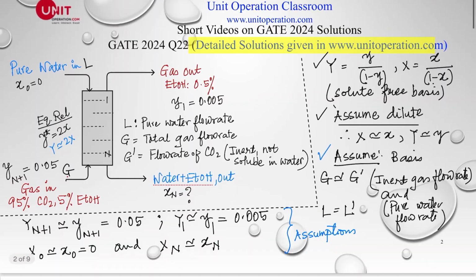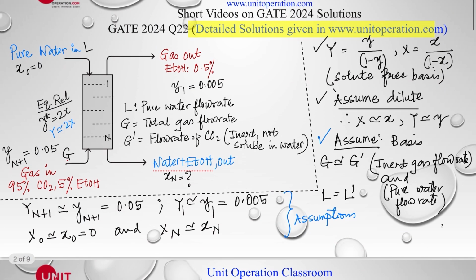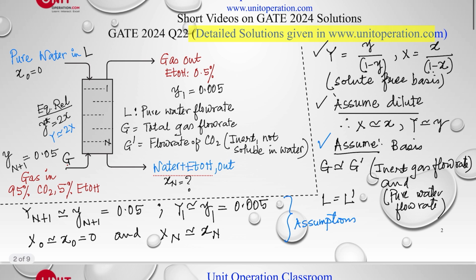With this problem, let's quickly show here. I have already discussed this one. On the solute free basis, we show these as capital letters, and we know these relationships. If we assume a dilute solution, which we can reasonably assume because these are dilute solutions, then capital X is almost equal to small x.